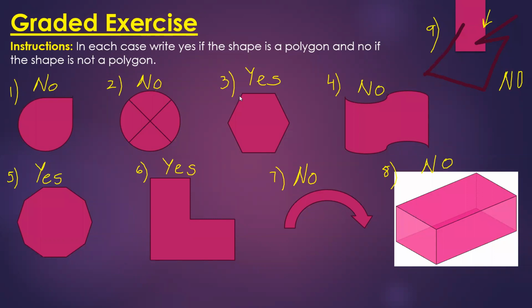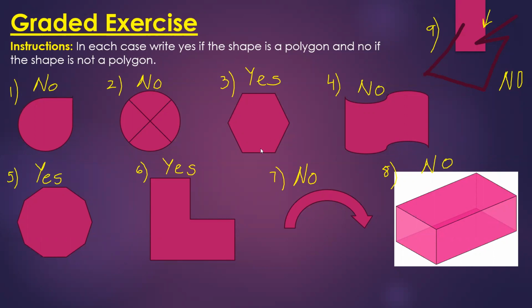Because it has curves and the lines cross. And they cross. Very good. And Kevin, why is number 3 a polygon? Number 3 is a polygon because it has equal sides and it's straight.